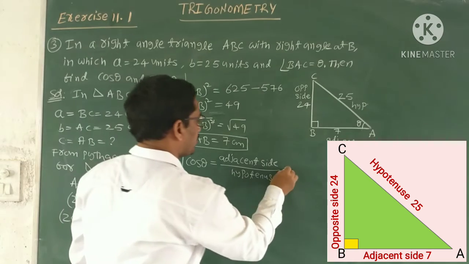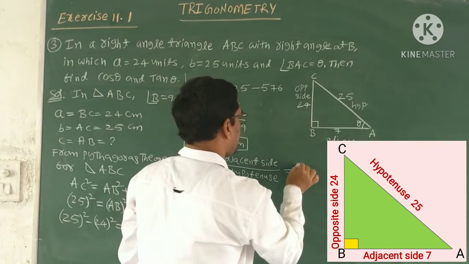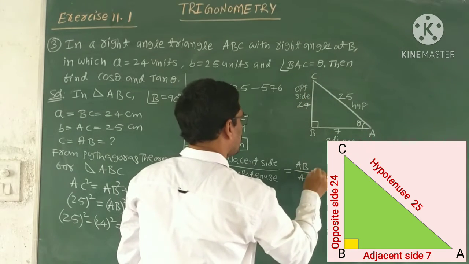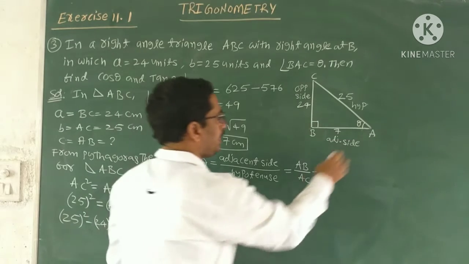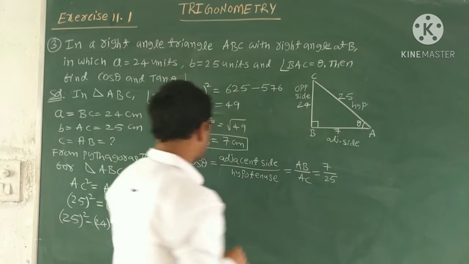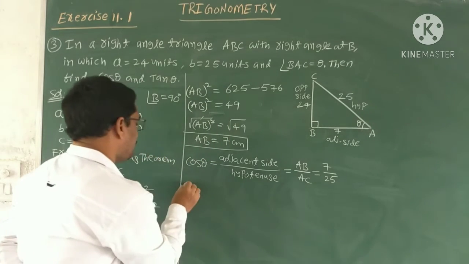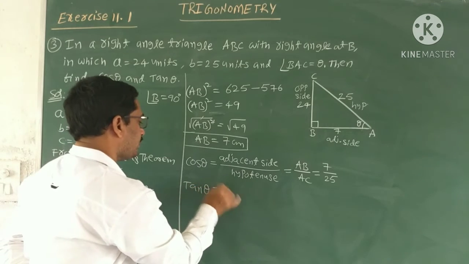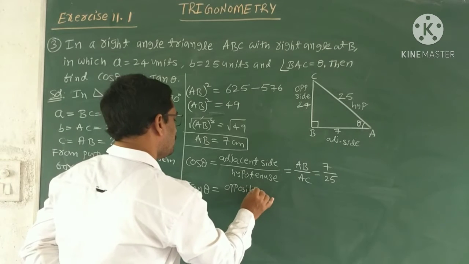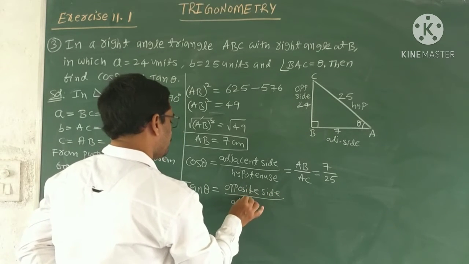Now substitute the values. Adjacent side by hypotenuse: the adjacent side is AB, the hypotenuse is AC. AB value is 7, AC value is 25. So cos theta equals 7 by 25. Next, tan theta. The tan theta formula is opposite side by adjacent side.